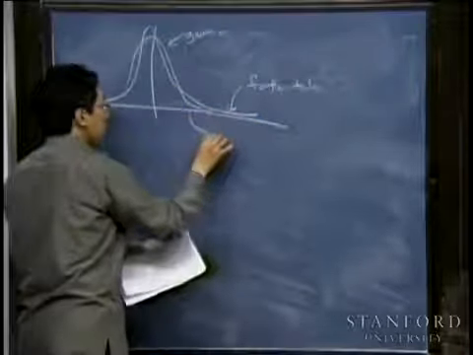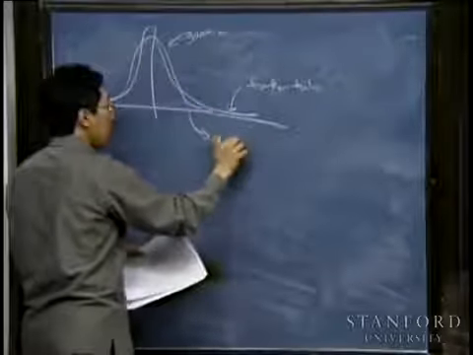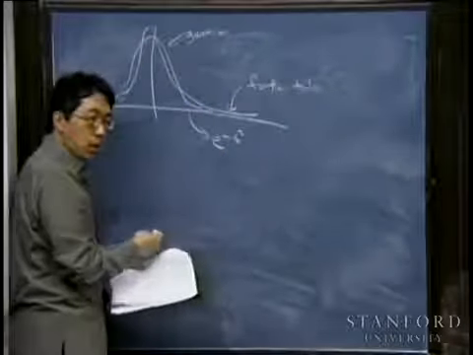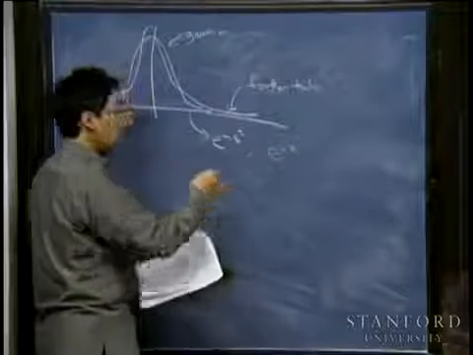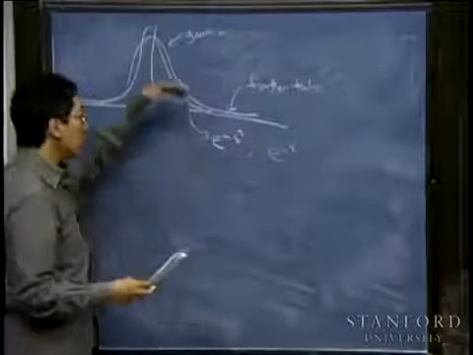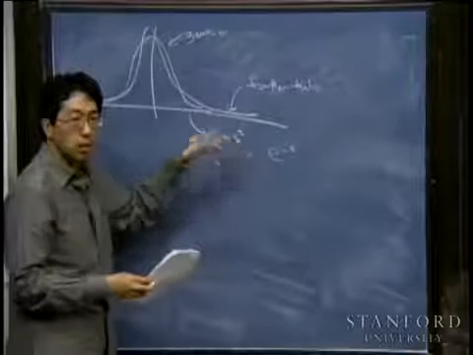For a Gaussian, the magnitudes of the tails die down as e to the minus s squared, whereas for the sigmoid, the tails look like e to the minus s, asymptotically. So the tails die down as e to the minus s, rather than e to the minus s squared.